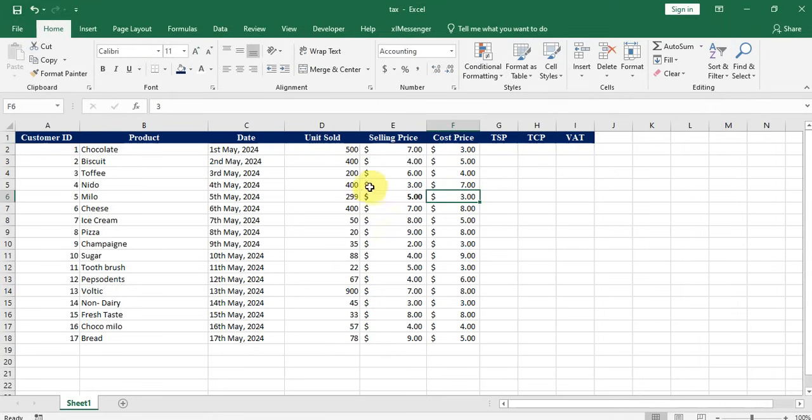Now we want to calculate the total selling price.